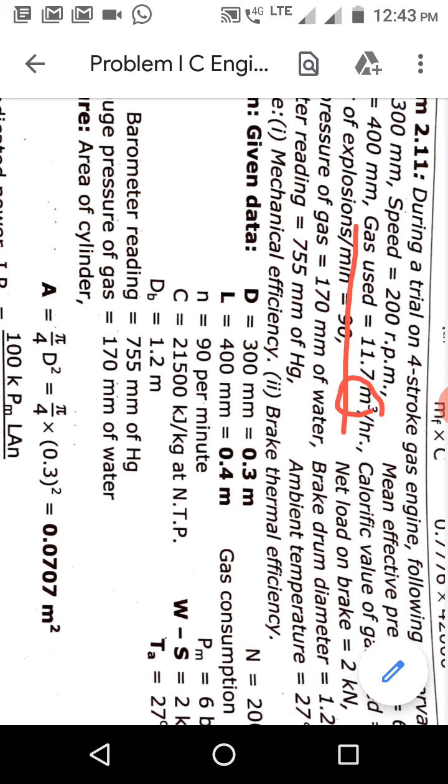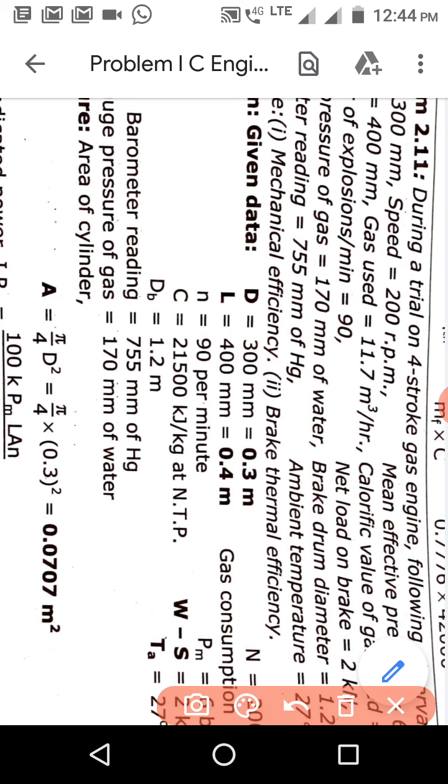So we have to concentrate on what unit the fuel use is given. It may be given in kilogram per hour, it may be given in meter cube per hour. Whenever it is given in meter cube per hour, we have been given the volume of gas use, the volume flow rate.